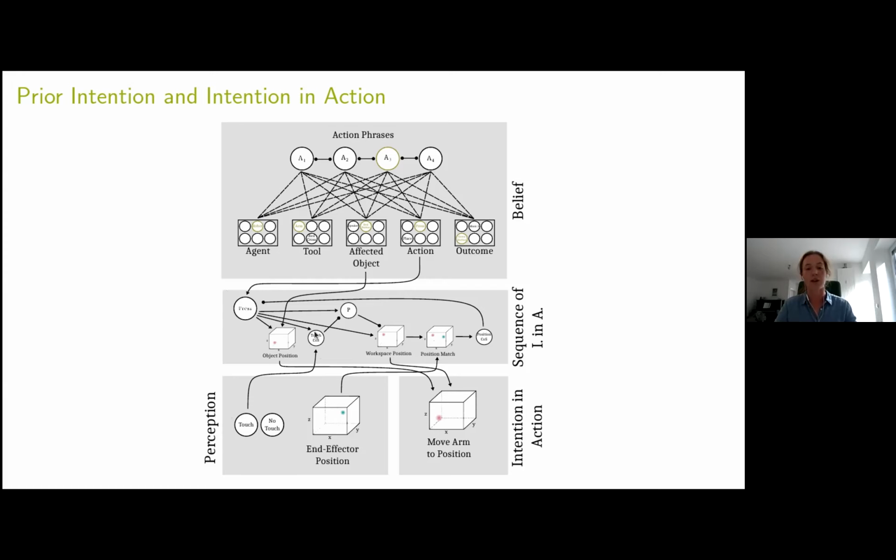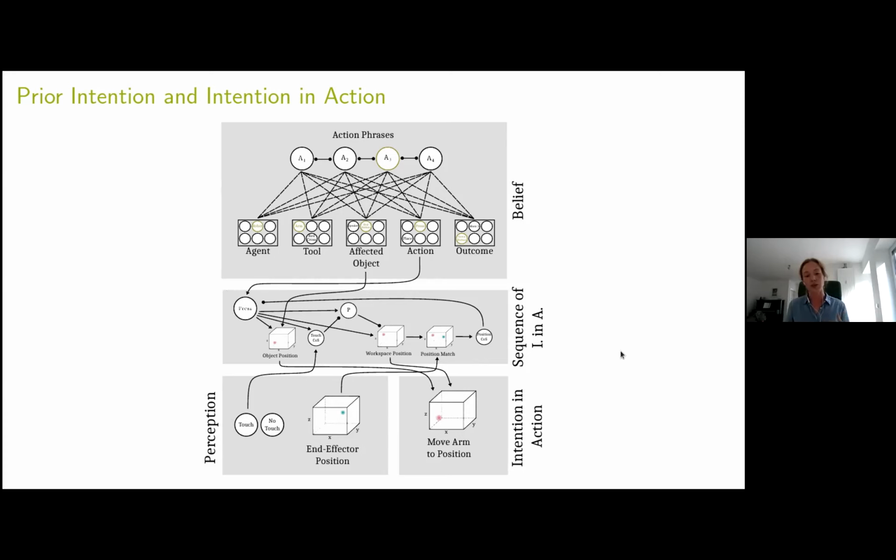Then we would have a condition of satisfaction for that movement. And then the next part of the action sequence is activated, which is in this case simply move the arm up again. And then we would have a condition of satisfaction for the whole action sequence.